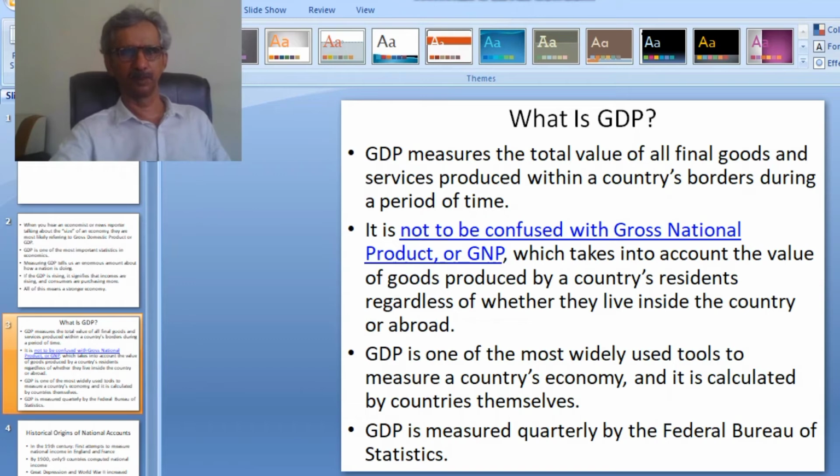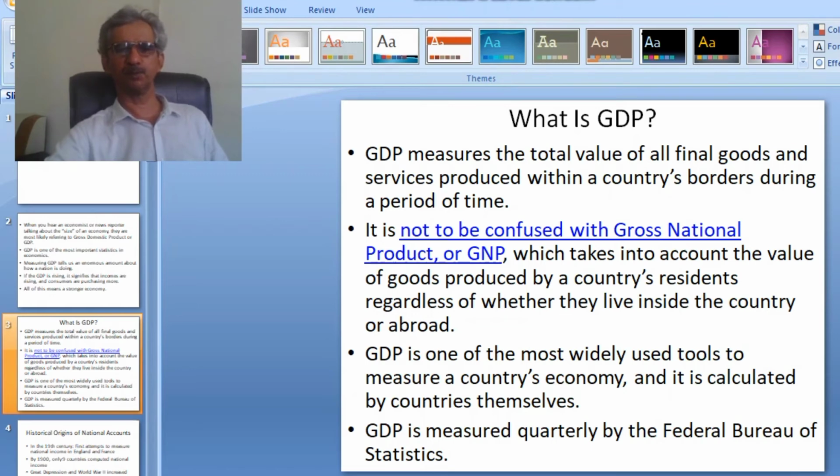But in the case of GDP, we only count the production which takes place within the borders of the country, regardless of who is producing. We do not include the earnings of people who are working outside the country. GNP takes into account the value of the goods produced by a country's residents, regardless of whether they live inside the country or abroad.